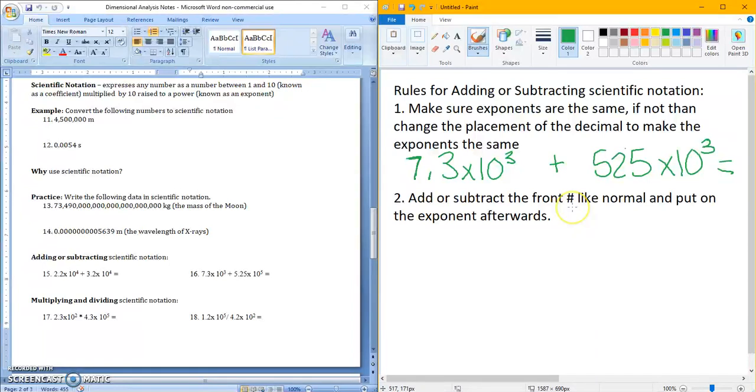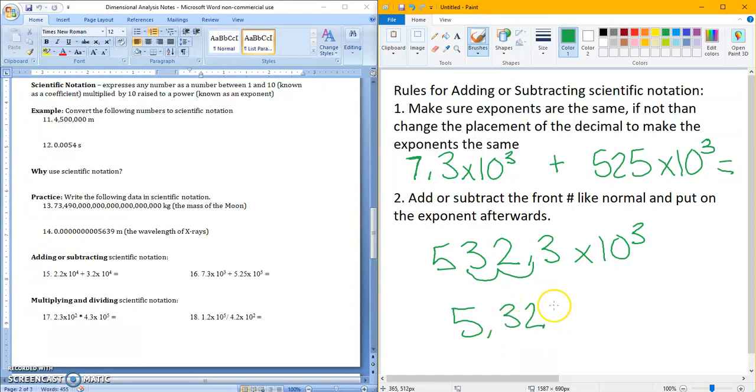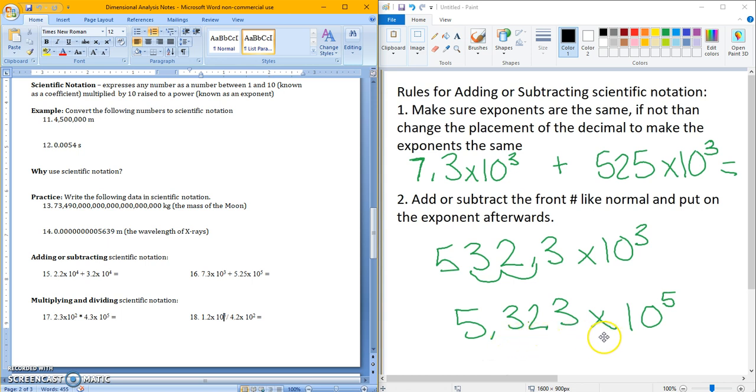Now if you notice, that isn't correct scientific notation, but I'm just going to put it in that way so that I can add my two numbers. Then the exponent stays the same. I add these guys together: 532.3 times 10 to the 3rd, just like normal. And then I'm going to move my decimal place back over so it is in correct scientific notation. Moving it over would be 5.323 times 10 to the 5th, whatever you're measuring.